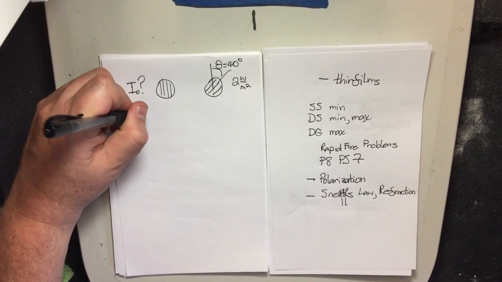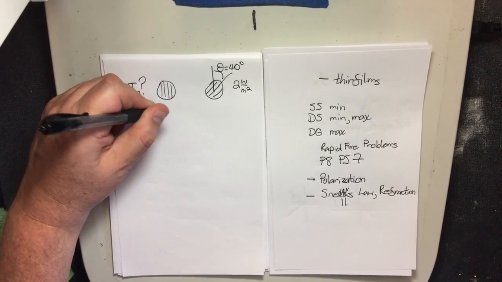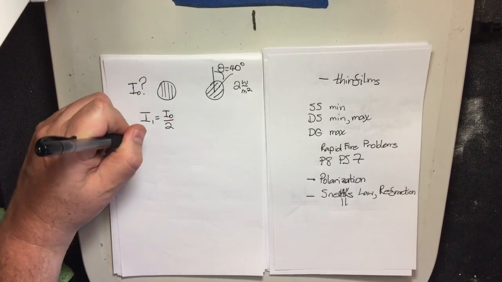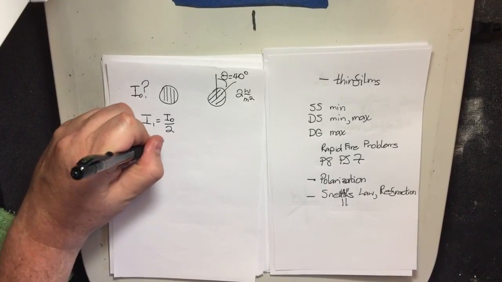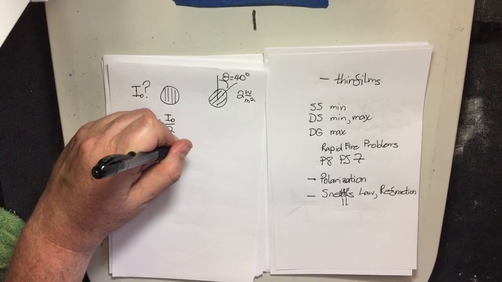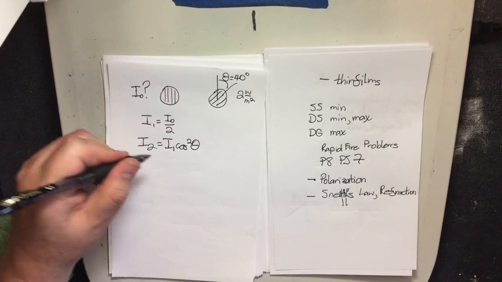So all you do is I1 is equal to I naught over 2, because this is unpolarized light. I2 is I1 cosine squared theta.